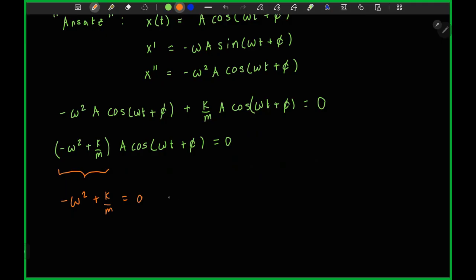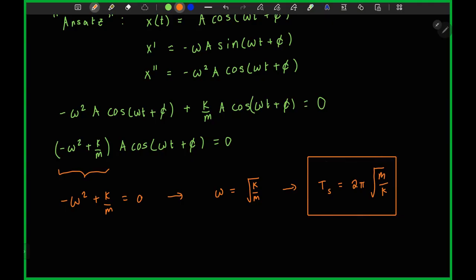And this tells us that therefore omega equals the square root of k over m. This hopefully is a familiar equation, and we therefore can conclude that the period of a spring block system is equal to 2 pi square root m over k. So with that, we found the period of a spring block system.